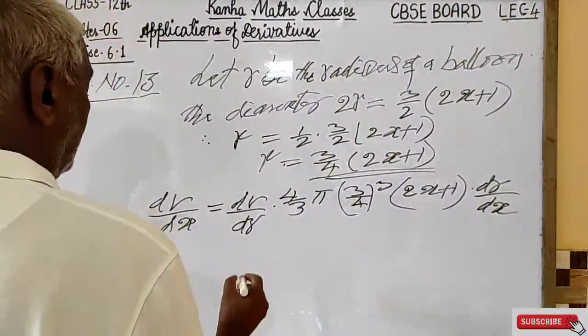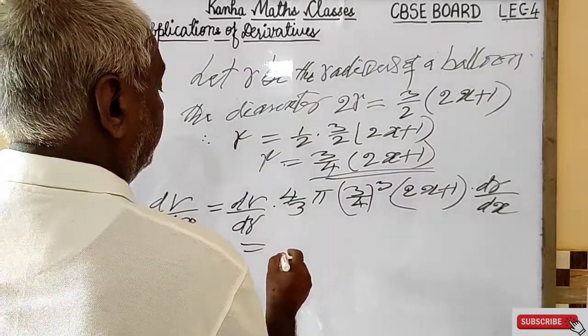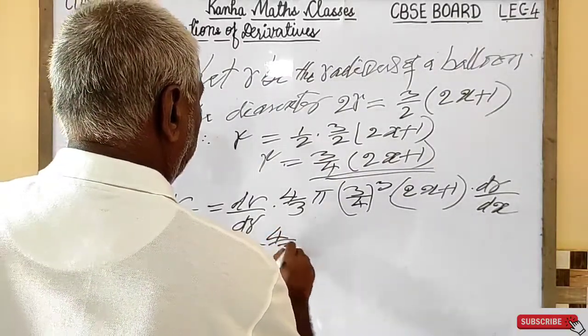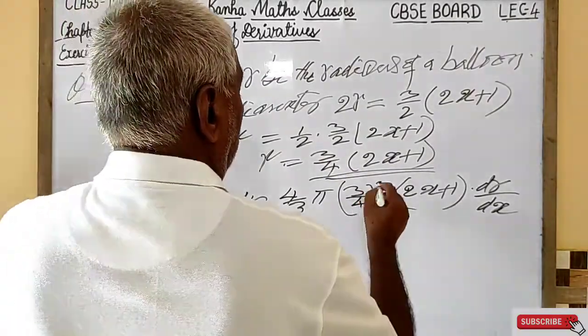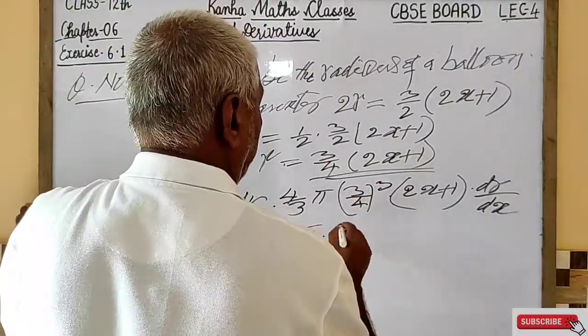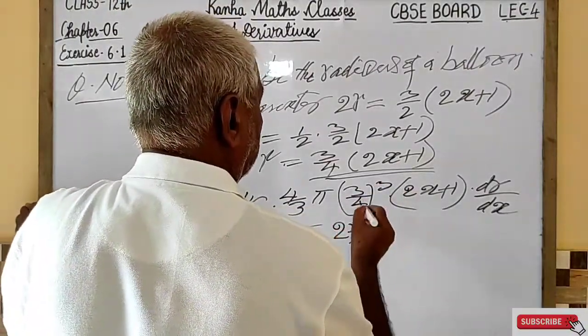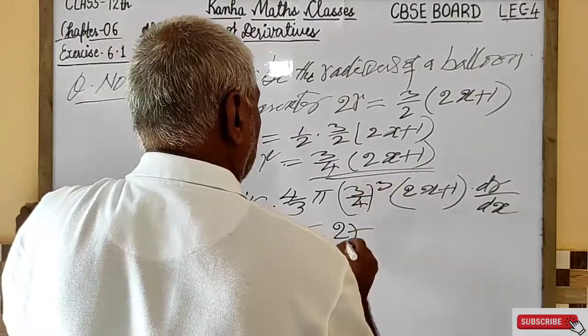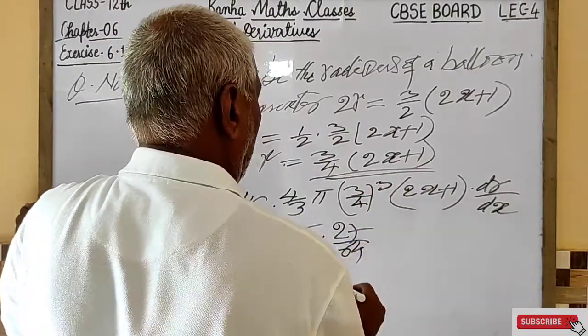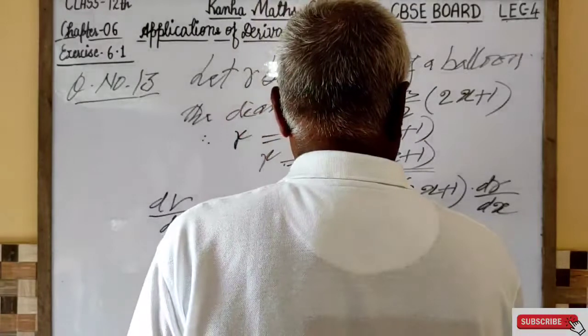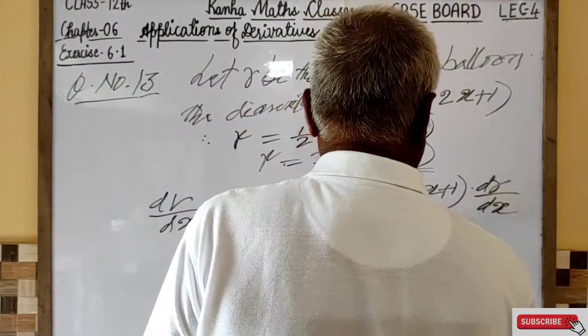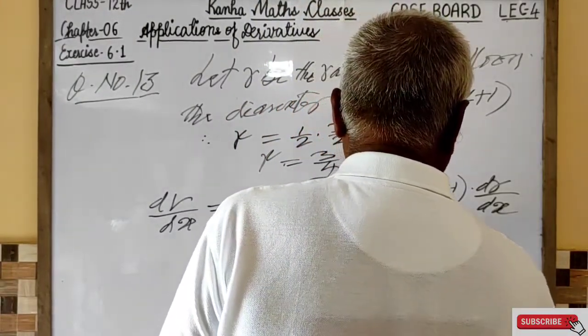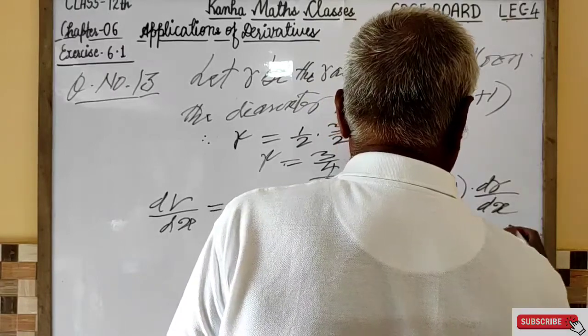Chain rule. It will be 4/3 pi. Cube of 3 will be 27, and 4 times 16 is 64, and this will be equal to (2x plus 1). Again the derivative of this will be 2.